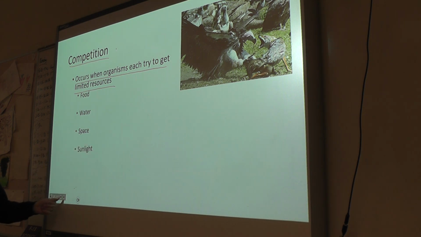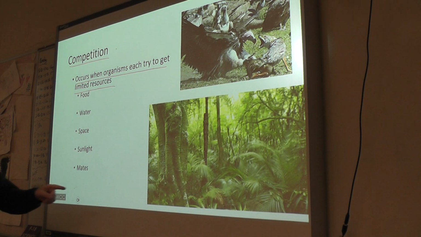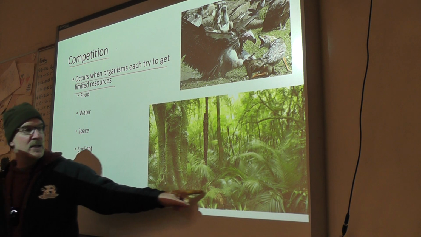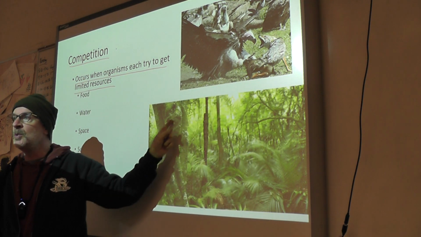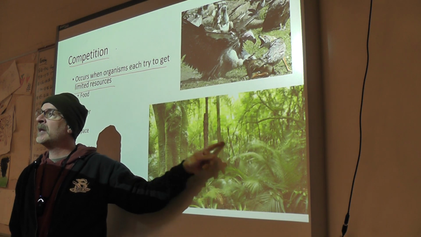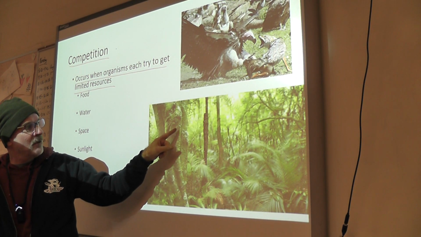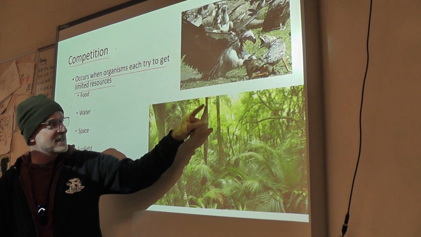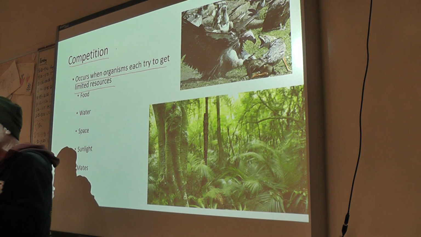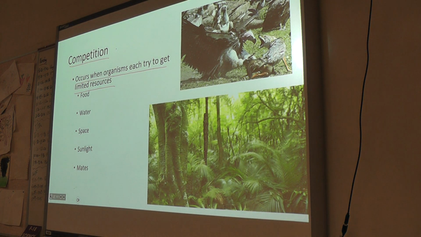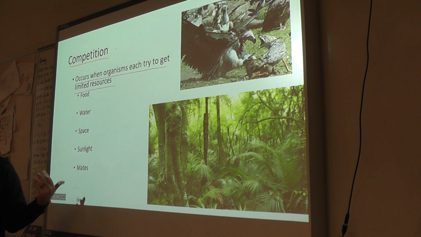Space is kind of cool because if we think about space, hang on, I want to show you this. In an environment where we're looking at a plant community, every available space that can support some sort of living organism has one. We have trees covered with lichens and moss, and rocks covered with lichens and moss.